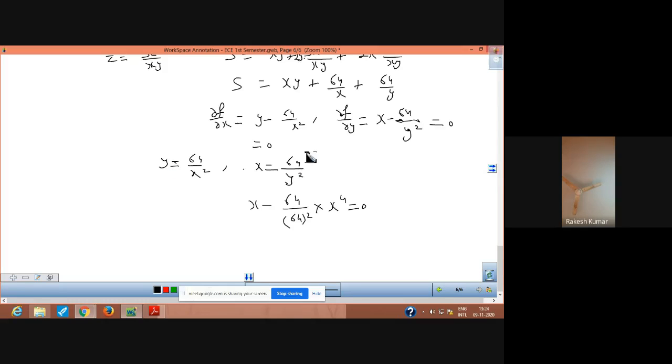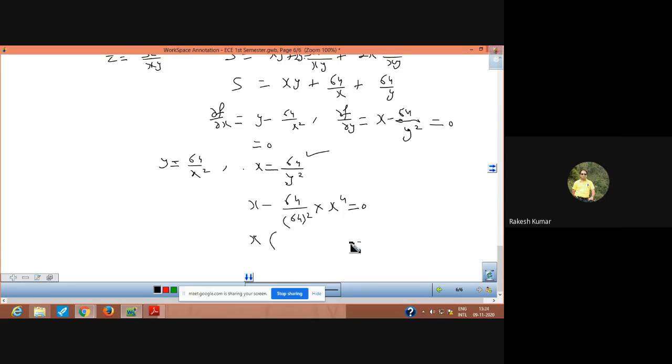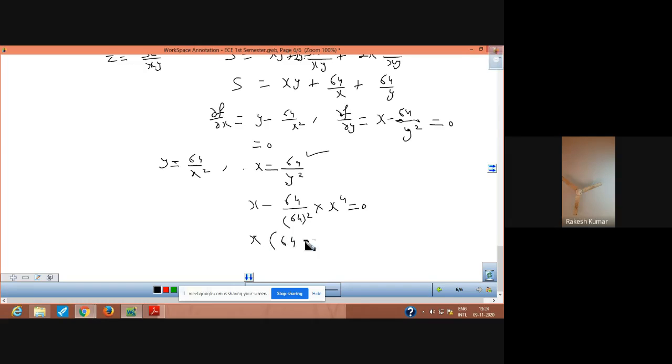You can substitute this value of y and find it: x into 64 minus x cube is equal to 0.